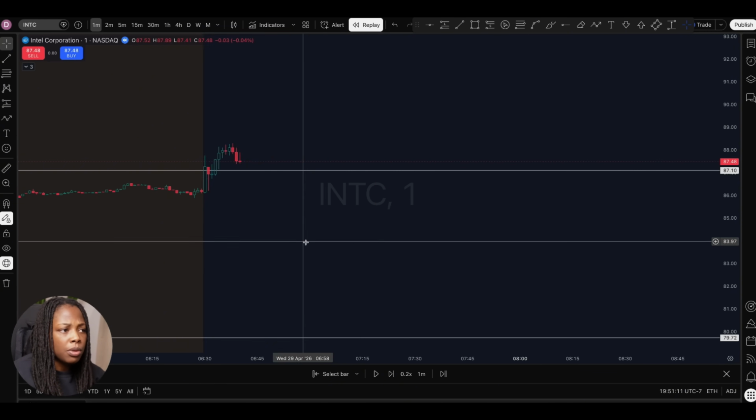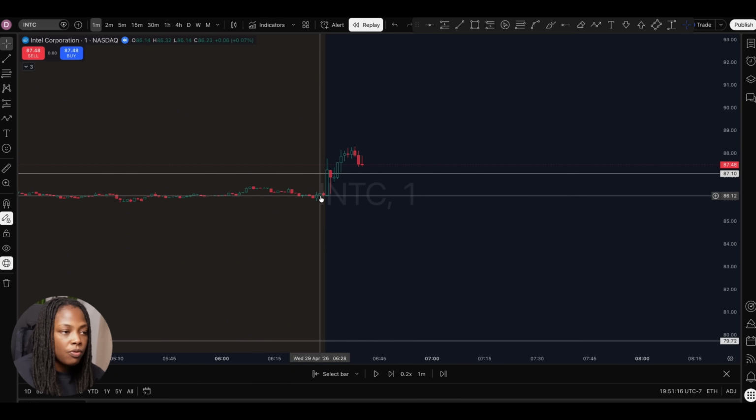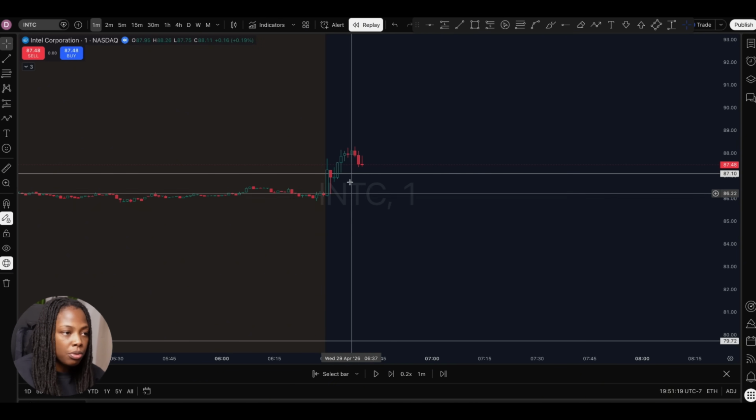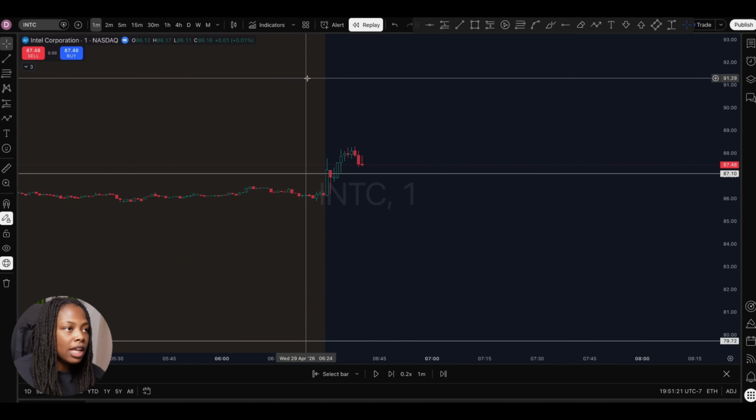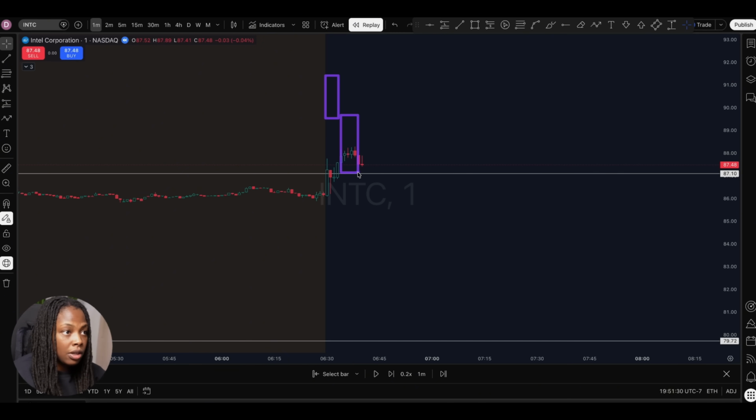Now, something I want to mention, we are not going to execute this trade if price ends up breaking below the opening print. So if something like this ended up happening, maybe the market opened up here, we saw candles come down to retest this level. If you are a beginner trader, it's best not to take this trade because there's a chance that it could have failed.